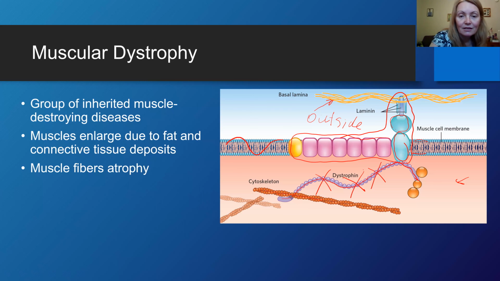There are some holes, and then some proteins, called CK proteins, will escape. Maybe some calcium will move in, and so the cell cannot keep homeostasis anymore, right? It's losing things, and gaining things that it's not supposed to gain. So finally, the cell will die, right? And if some cells die and you replace them with fat, then you're losing function.